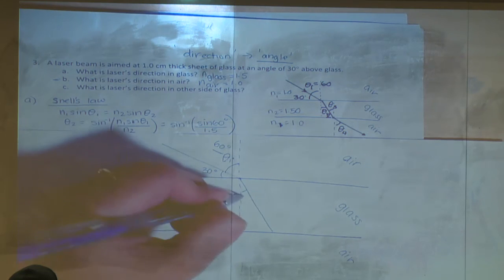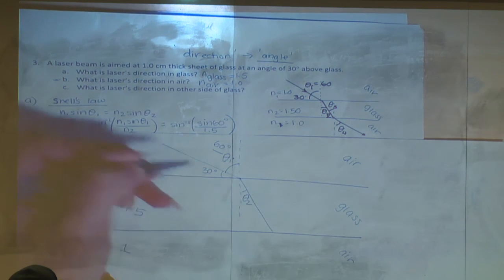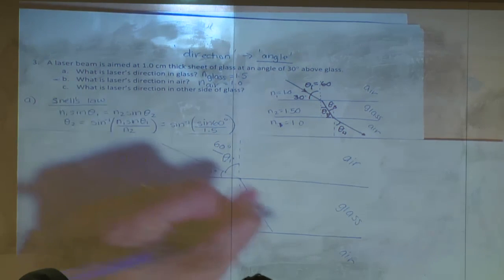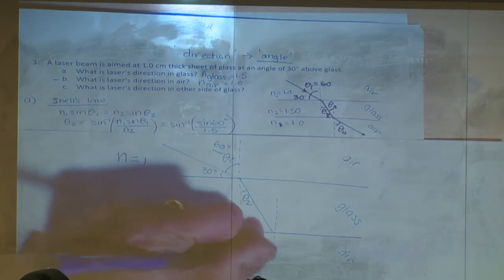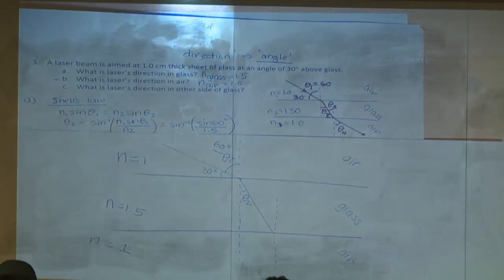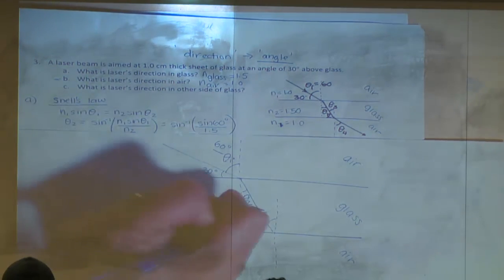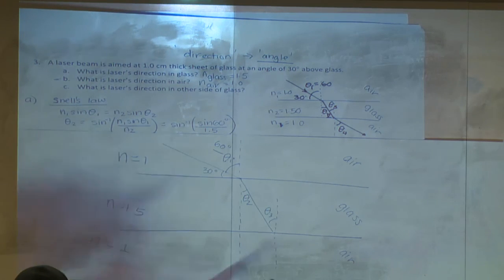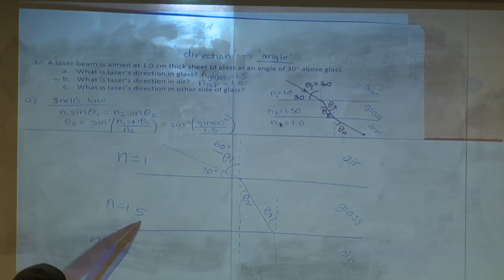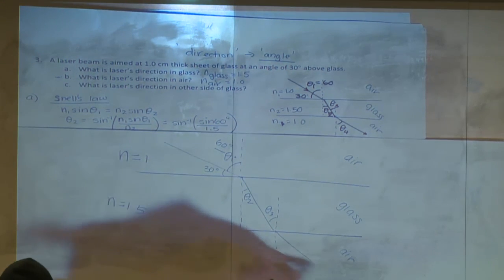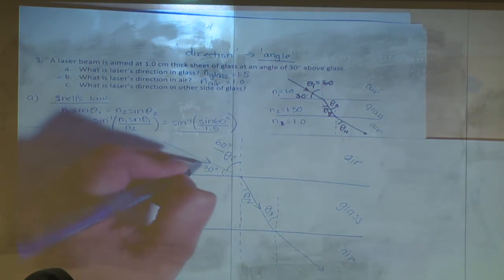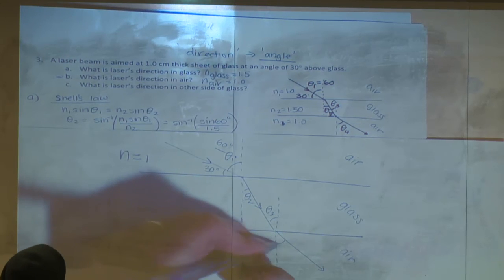So this is my theta 2. And here's another normal that I would draw right away. And this is my theta 3, right? Since we're going from a higher refractive index to a lower refractive index, we're gonna go away from the normal. So that is my theta 4.